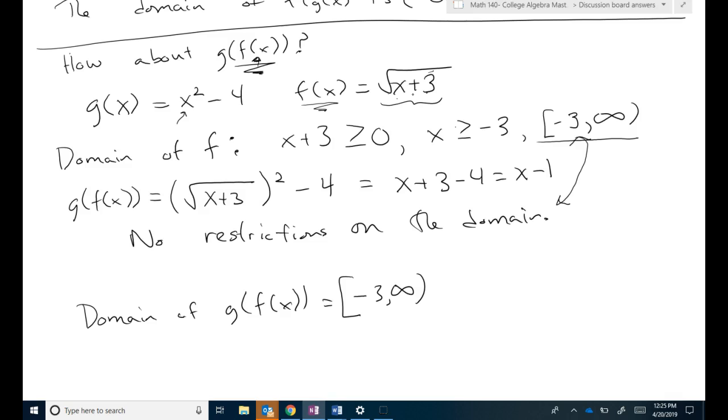It doesn't matter what g is, because when I did f first, I got no real number, and so I have to take the restriction on the first function first, and then the restriction on the domain for the entire composition.